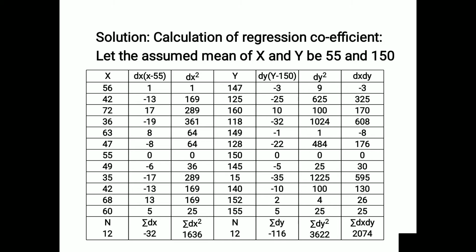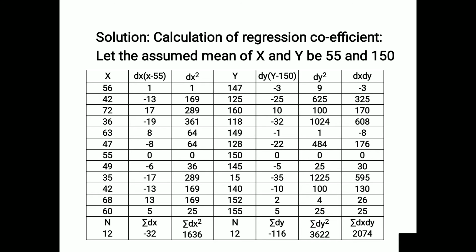The next part of the calculation is dy square: squaring the values of dy and obtaining sigma dy square. And the last part is multiplying dx and dy. So dx is multiplied with the value of dy to obtain dx dy, and thereby sigma dx dy.